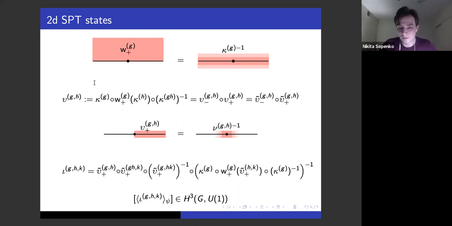And if the state that we start with is in a trivial phase without any symmetry, then by the same trick of splitting the LGA into upper and lower half planes, we can show that the resulting state is invertible.